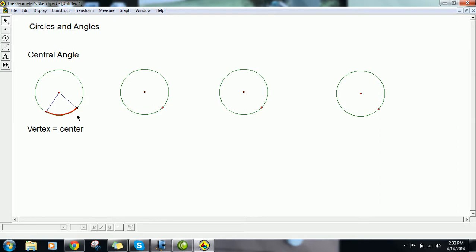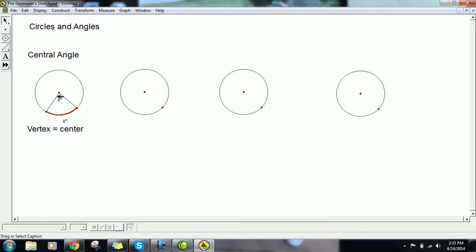So the relationship between the measure of the central angle, if the central angle is x degrees, then it's the same as the measure of the arc that it cuts. So if this central angle happens to be 30 degrees, then the measure of the arc that it cuts is also 30 degrees. They're the same.